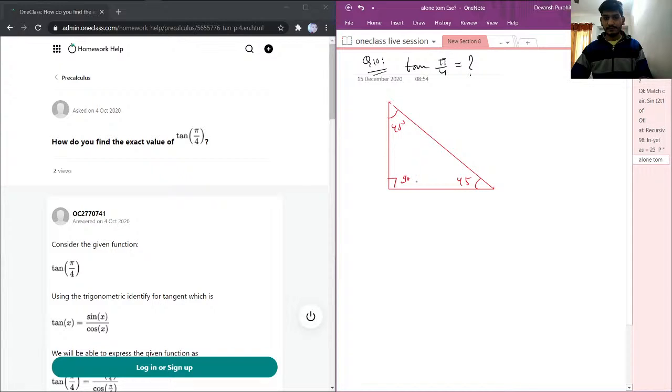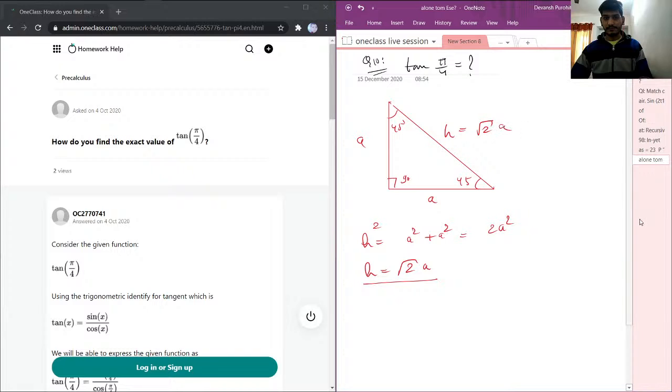And as this is an isosceles triangle, let's say these sides are equal, which is a. So using the Pythagoras theorem, we can calculate h, the hypotenuse. h square will be a square plus a square, which is 2a square, so h is square root of 2 times a.